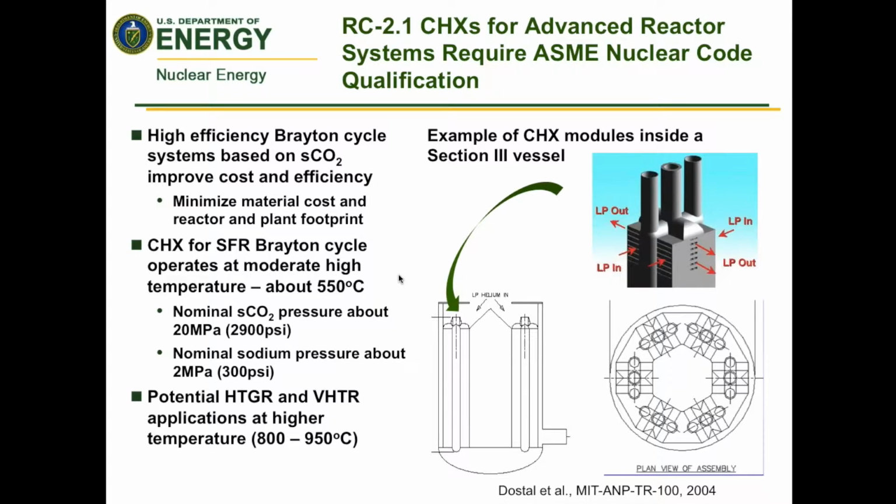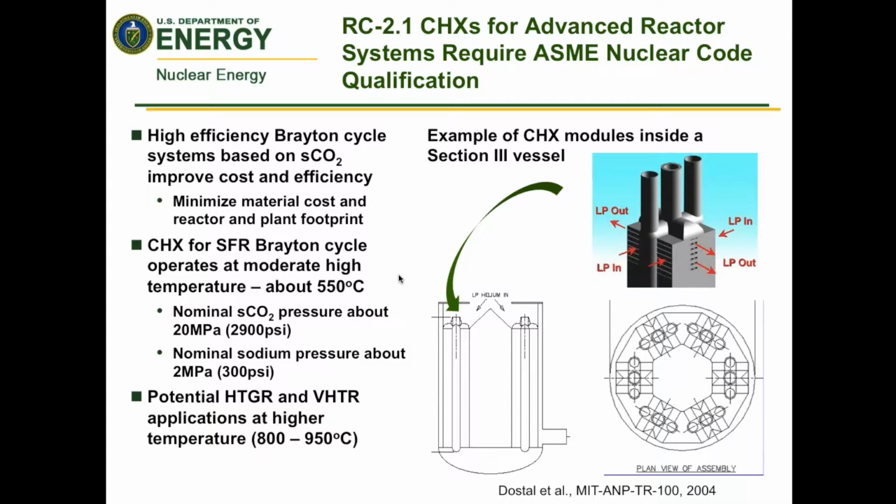First of all, let's start talking about compact heat exchangers. As I mentioned already, this high efficiency Brayton cycle using SCO2 is of particular interest in reducing cost and increasing efficiency of the systems. The SFR system, sodium fast reactor, is particularly well matched to that, but it, as an example, introduces some complexities.